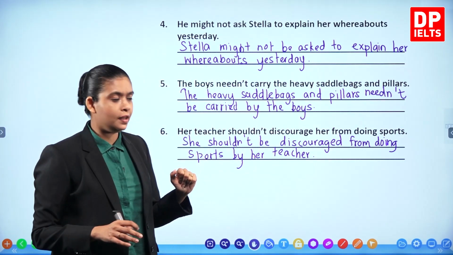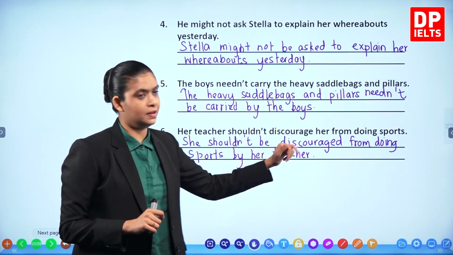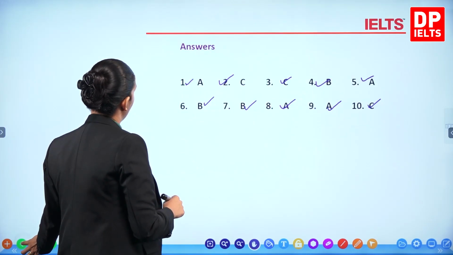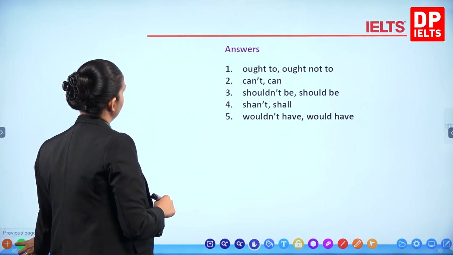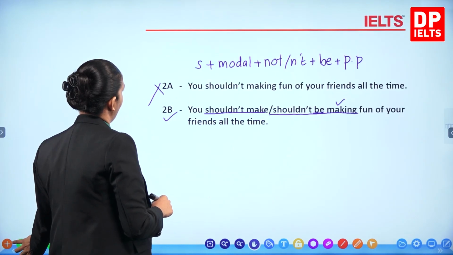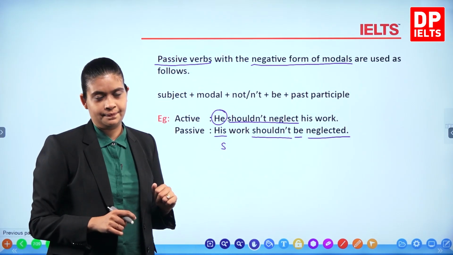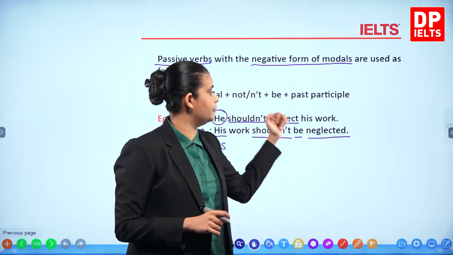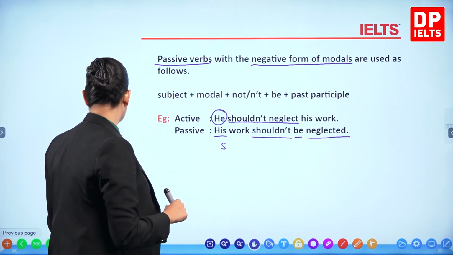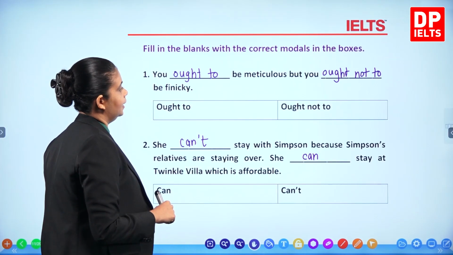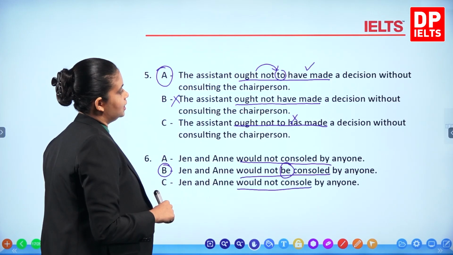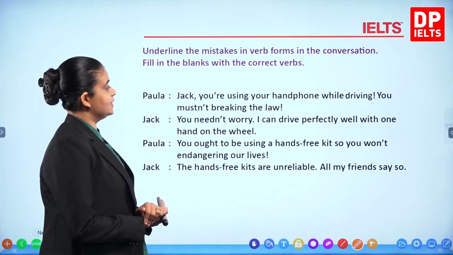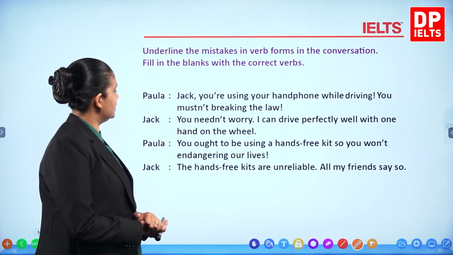Needn't be carried by the boys. Shouldn't be discouraged. So you can see the form of using passive verbs as we had a look at previously. Okay, so the subject, the modal, negative form be plus the past participle, and that is exactly what we did in all 6 sentences. Right, let's have a look at the next activity.